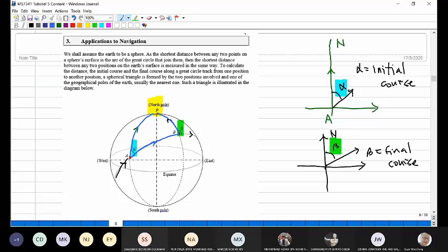Now alpha and beta, both of them are measured at the North Pole. And then the angles A and B, B is here, and the ship is trying to move and measure the direction from the North Pole. So this is a big application that you see in the big picture here.